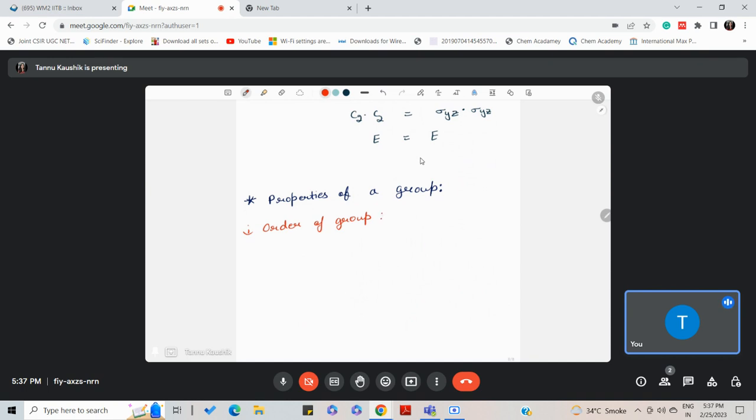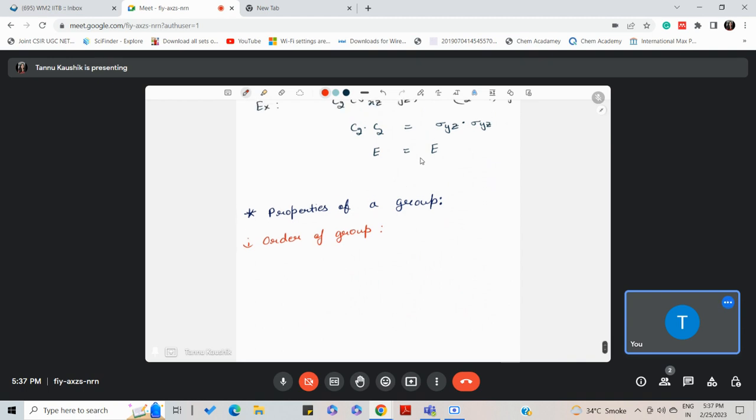The total number of symmetry operations present in a group is known as the order of the group, and we have already studied it before, and we have already found out the order of groups for a number of molecules in previous sessions.